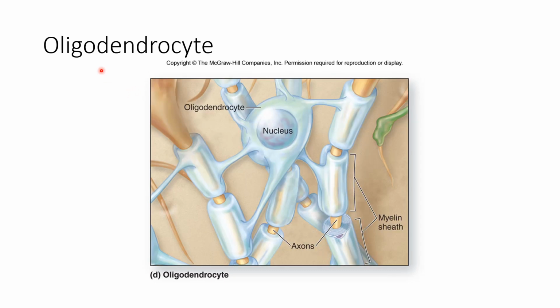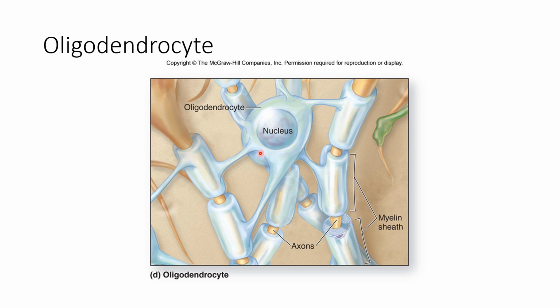Another cell is known as the oligodendrocyte. This is how the oligodendrocytes look. If you notice, the oligodendrocytes send out these projections and start releasing the myelin sheath. The oligodendrocyte is the one responsible for making that myelin sheath. As you can see, it deposits the myelin sheath around the axon.